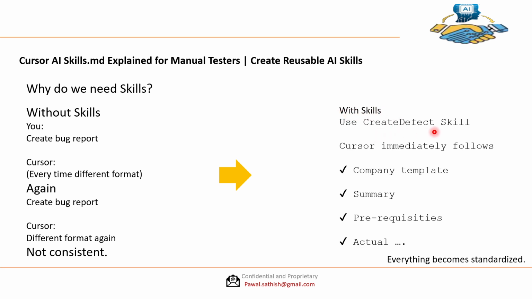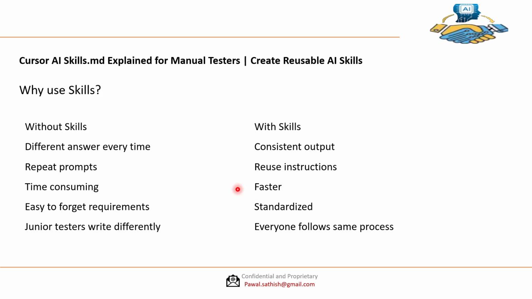Using skills, Cursor understands the instruction, and the output is always standardized, as we saw in the last session. That is the reason we need to use skills, so that we are getting a consistent output. We'll use the instructions, and it's faster, not time consuming.